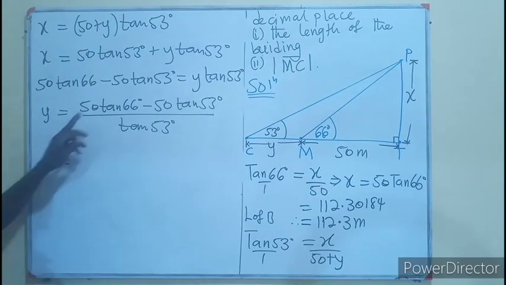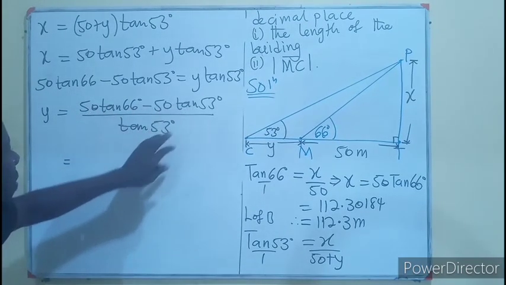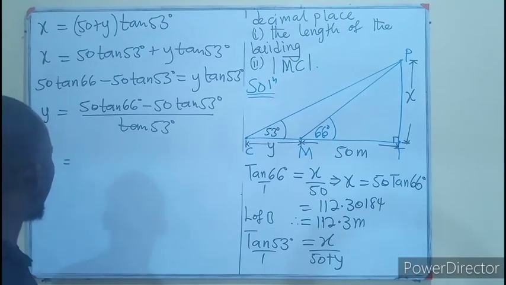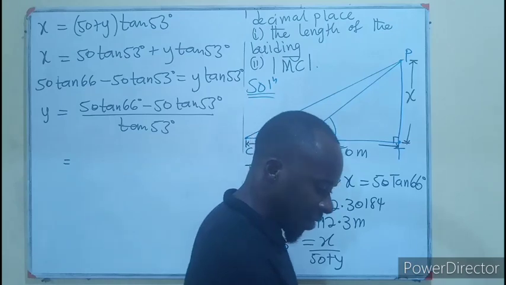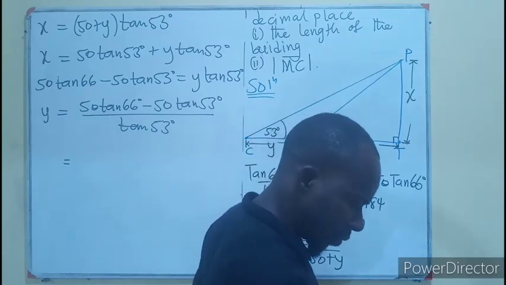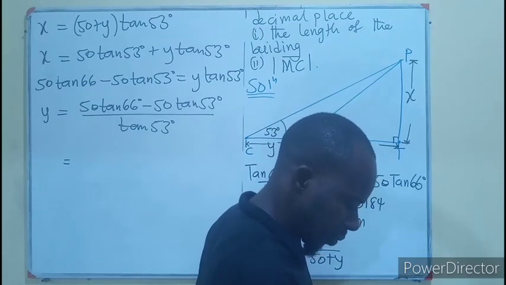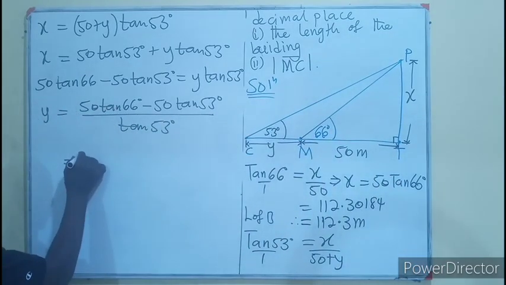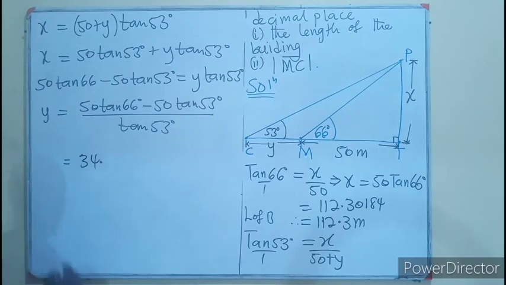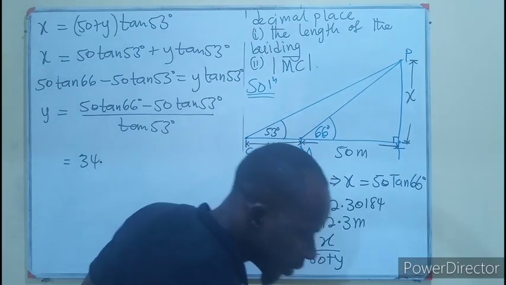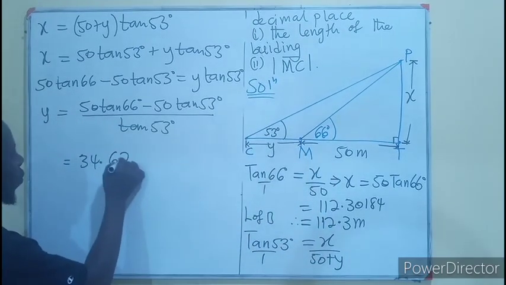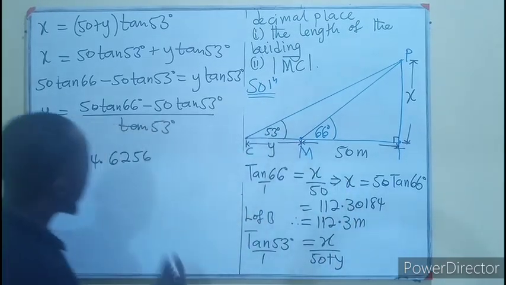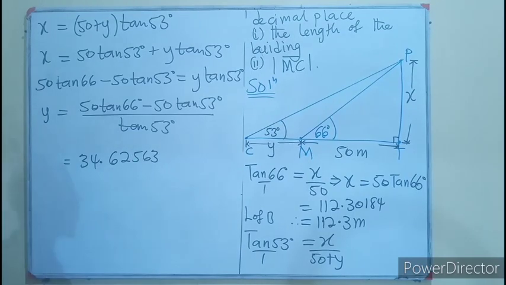So we can put this minus this over this in the calculator, which will be calculated all together to give us a value that will be 34.6256. I think to 5 decimal places you get this.